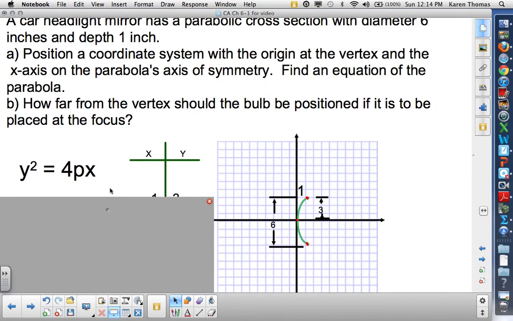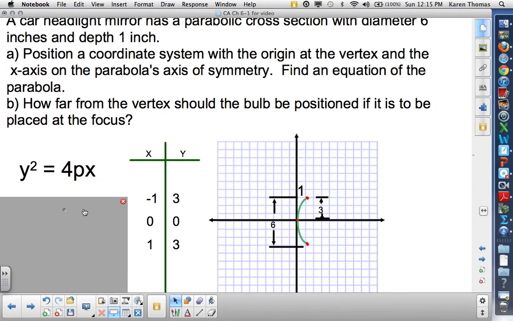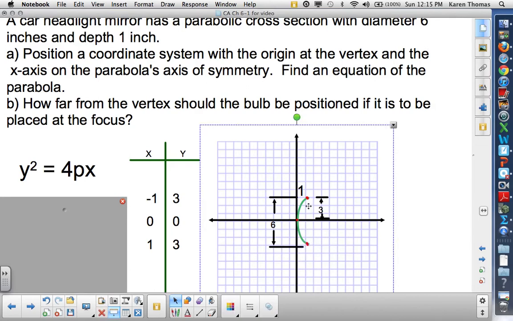That is the type of equation that I will use here. I know a couple of points on this parabola. I know the point 0, 0. I know the point 1, 3 right here at this red dot I'm pointing at. I also know it has the point 1, negative 3.